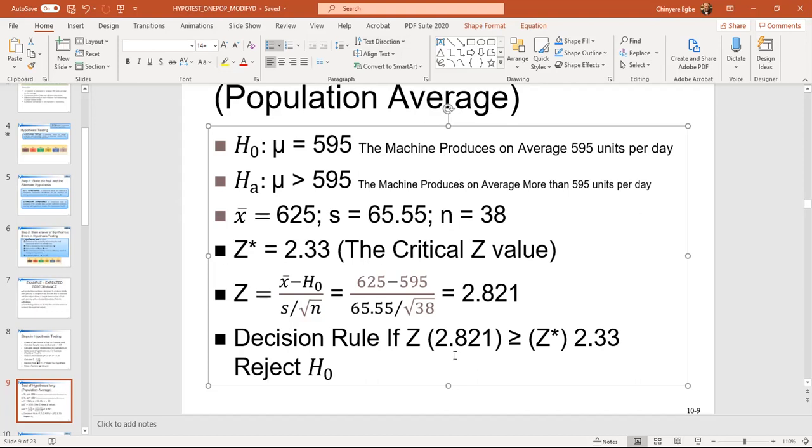Yes, correct. So you are rejecting the null hypothesis that the machine produces an average of 595. So what is your conclusion then? Do you then accept the alternate hypothesis that the machine does what? What is your conclusion?